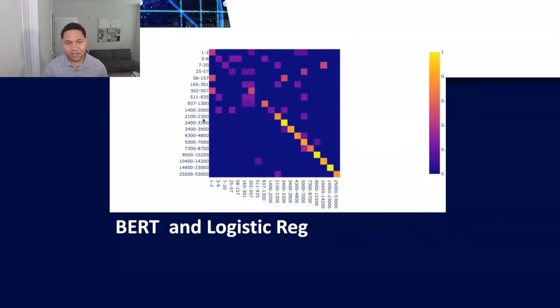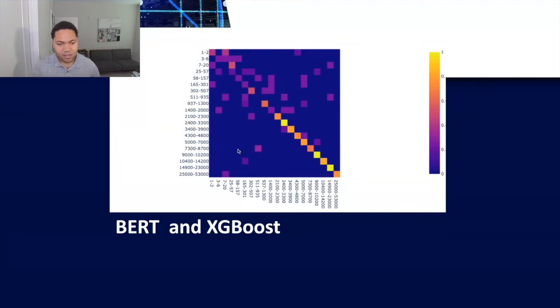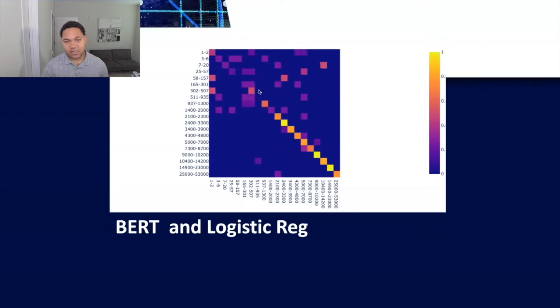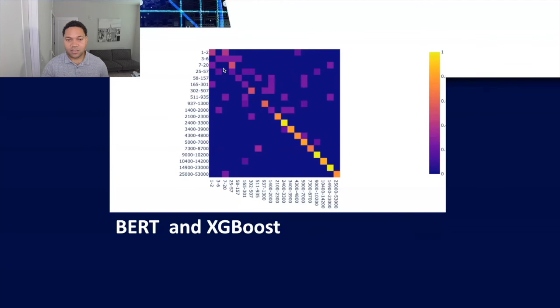Now, here we have BERT and XGBoost. Here we lose the 7 to 20, but we gain the 58 to 157. As you see, this is not always going to be filled out, but this does a pretty good job.